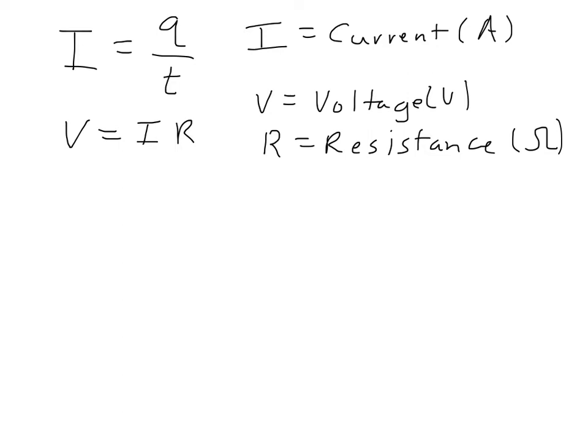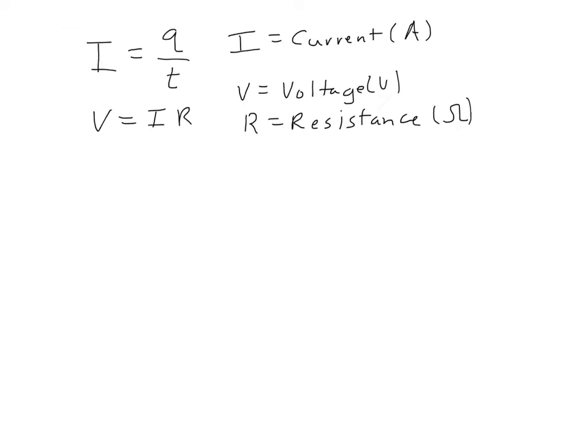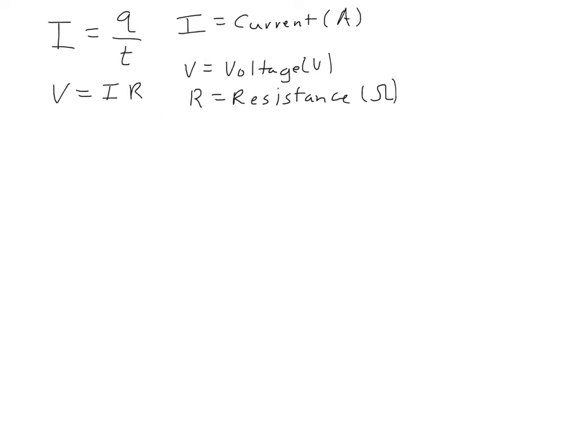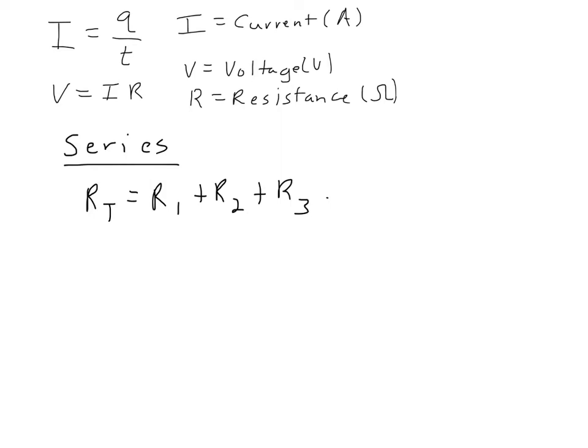Our last two equations, I'm going to shrink this down, are our series and parallel circuit equations. In series, our resistors add up by the equation RT equals R1 plus R2 plus R3 plus however many other resistors we have.